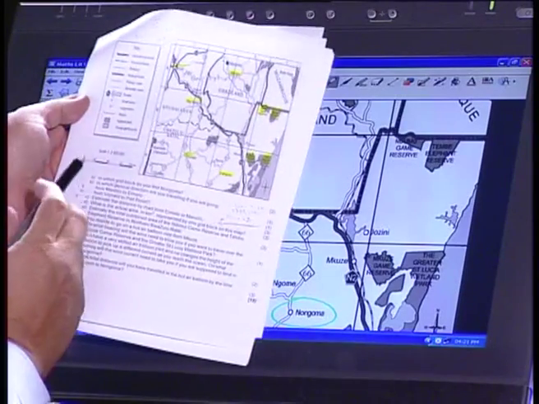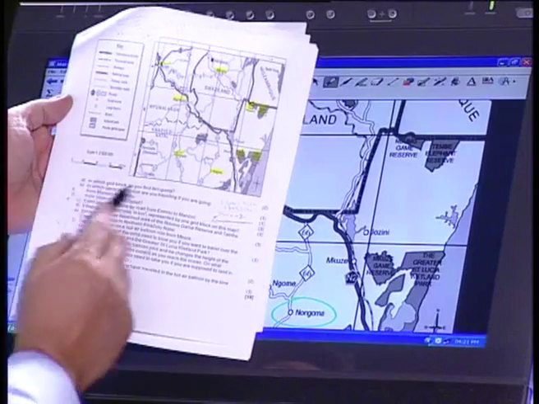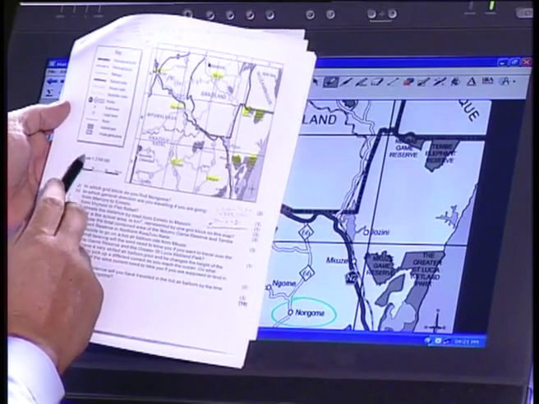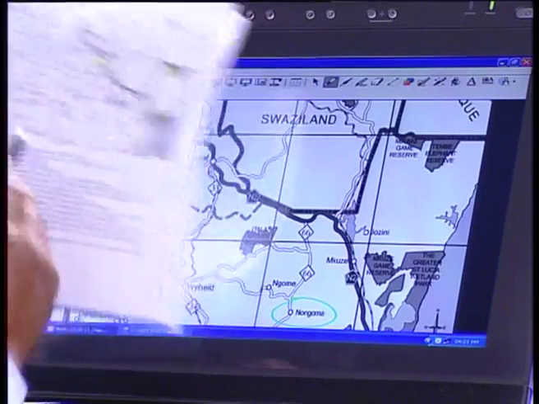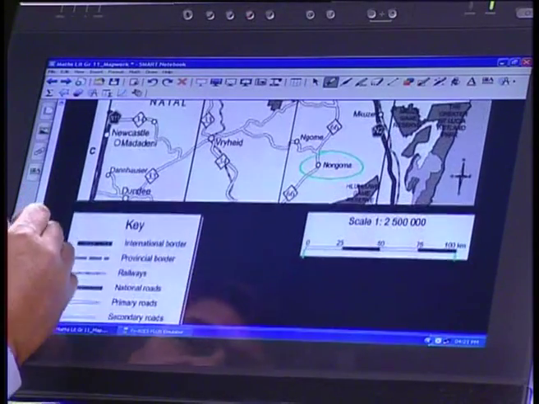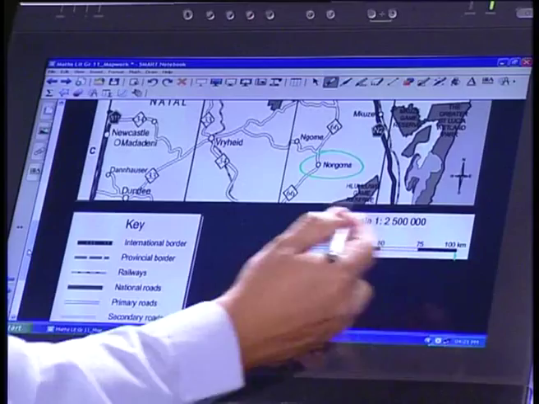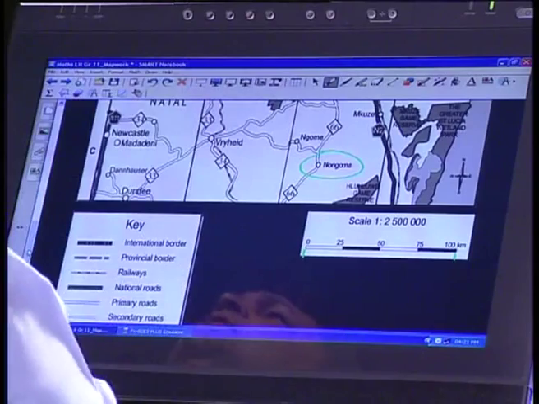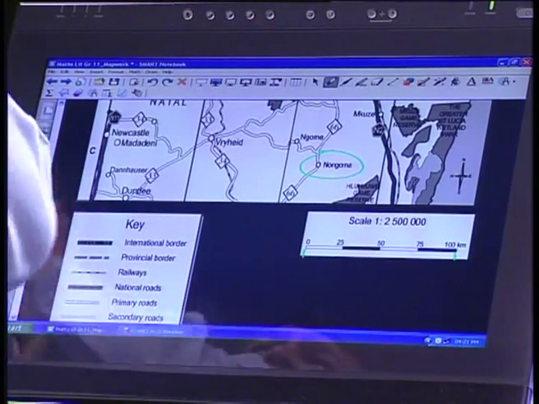If we look at my scale on my little sheet here, it says scale 1 is to 2,500,000. The scale here says this is also 1 is to 2,500,000. Clearly, this is not true because my little map is a lot smaller than this huge map I have in front of me.